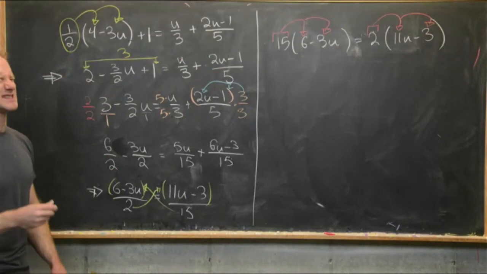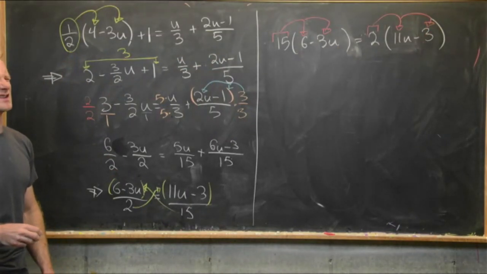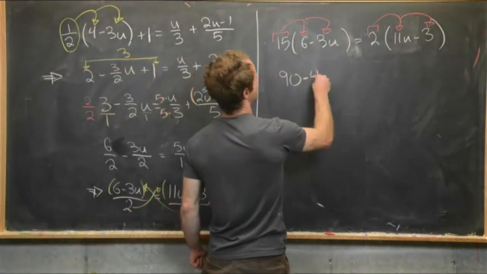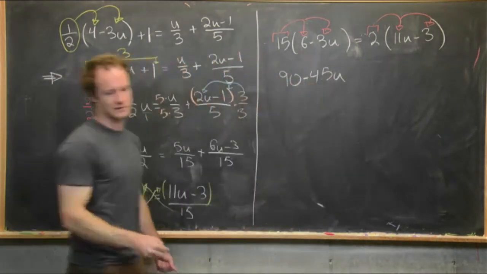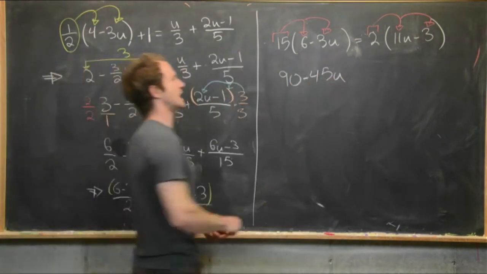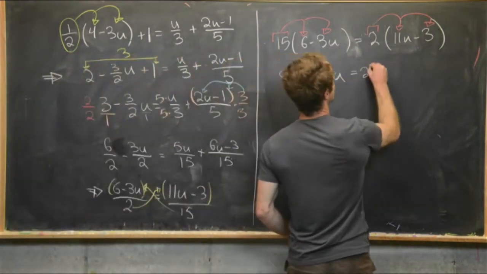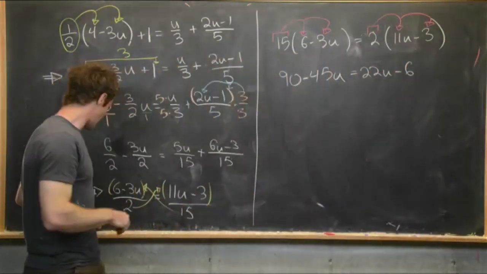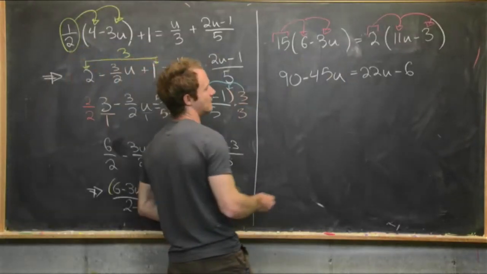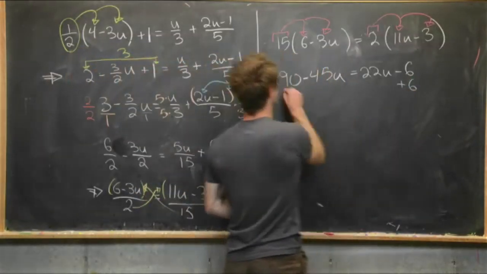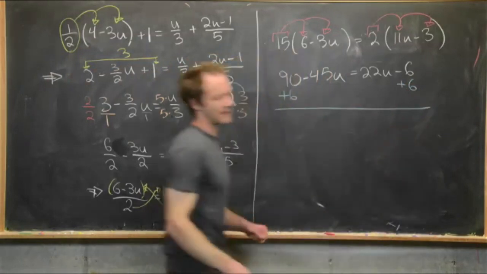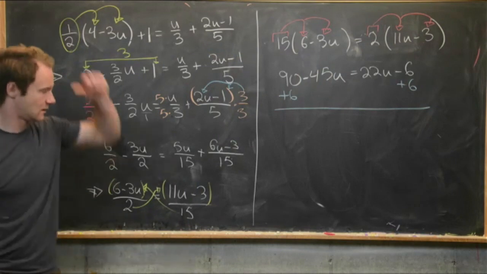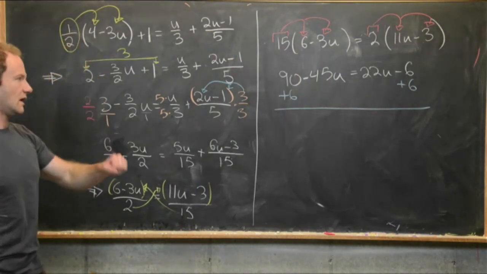So 15 times 6 is 90. So this is going to be 90 minus 45u. 15 times 3 is 45. And then here we have equals 22u minus 6. Now we can add 6 to both sides. We want to get the u's by themselves.